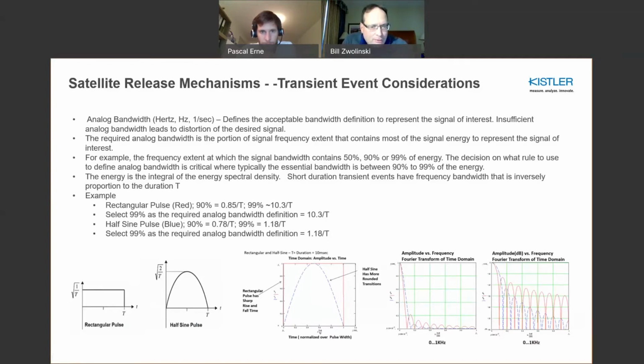So you could just take a basic Fourier transform of these basic waveforms and recognize that anything rectangular in nature is going to have much higher energy out in frequency. And that could mean that to best represent that signal, you have to have higher frequency in your force measurement system. So one of the takeaways for sure is there's an inverse proportionality.